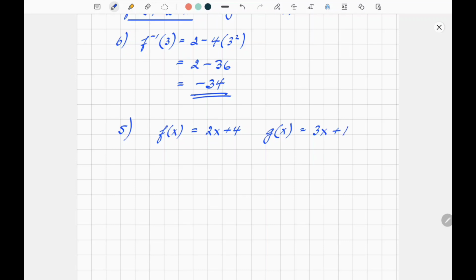And part A, find the value of x when the two functions equal each other. In other words, for what value of x does f of x equal g of x?